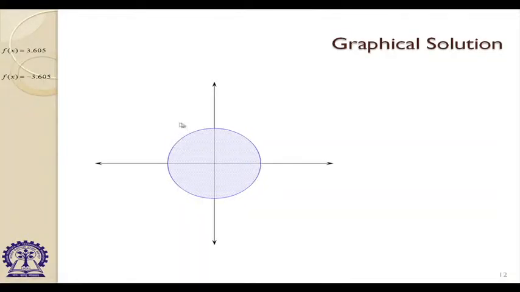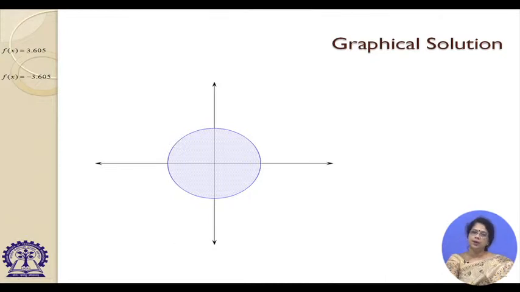Now what about the gradient of the constraint set? You know the gradient would always be directed this way, because at any point the gradient would be directed outside. If I consider the tangent, then the normal to that tangent would be the gradient, as you know. That is why these are the gradients at each and every point on the constraint space.